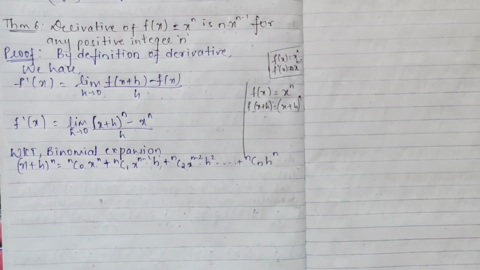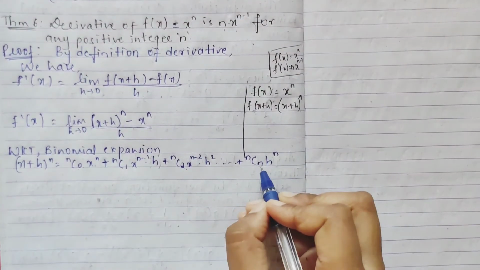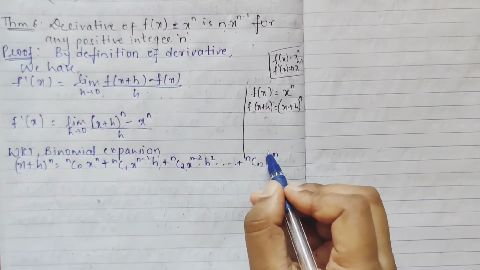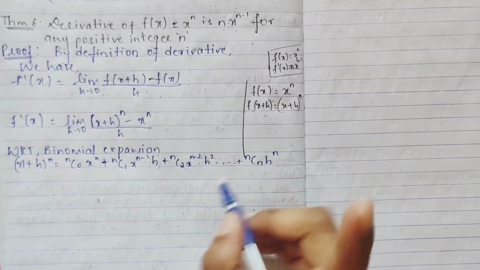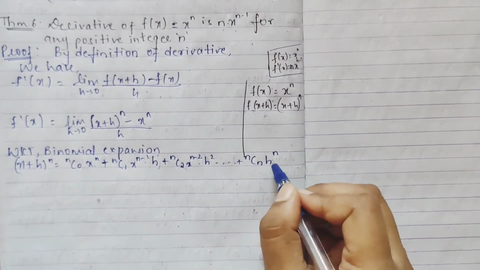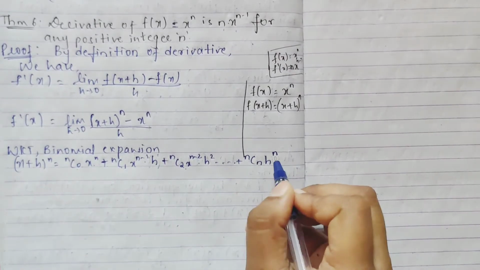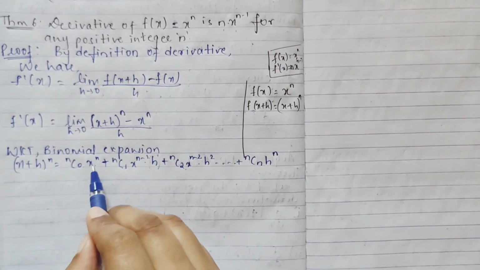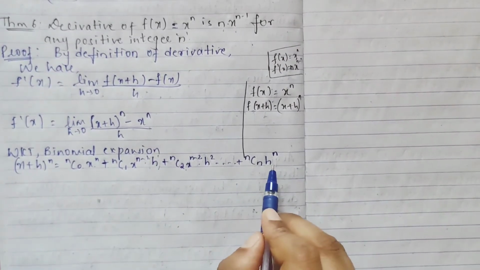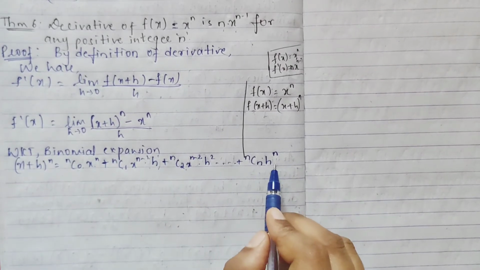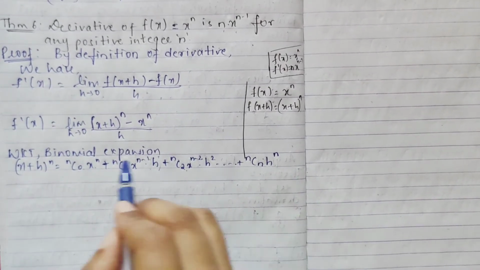So on up to the last term, nCn, where x becomes 0. x raised to 0 is 1, so we have not written it, and h will come to h raised to n. See here x is going in reverse from n to 0, and h is coming in the other direction.